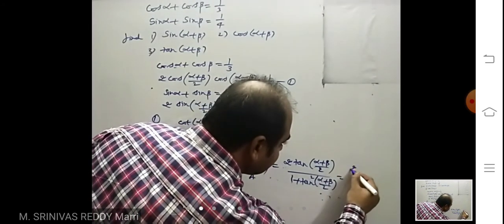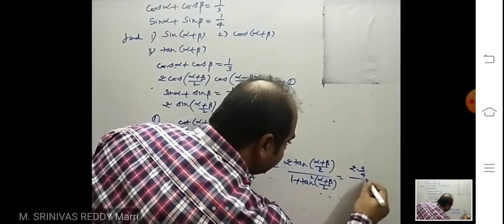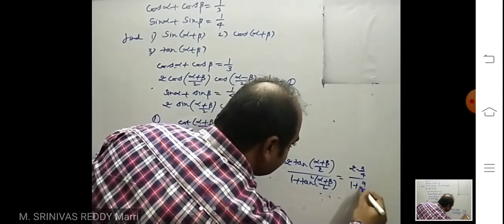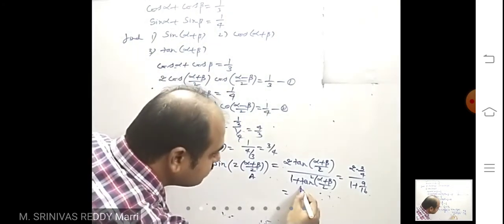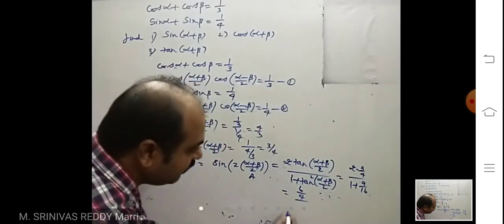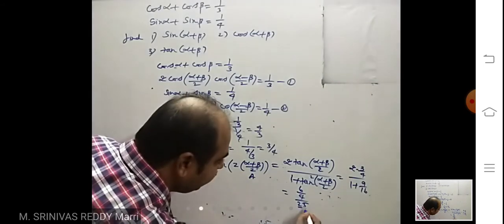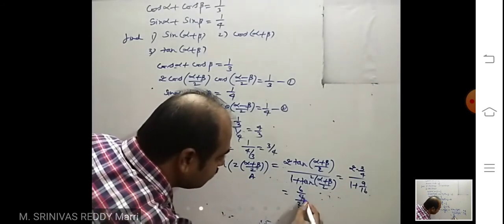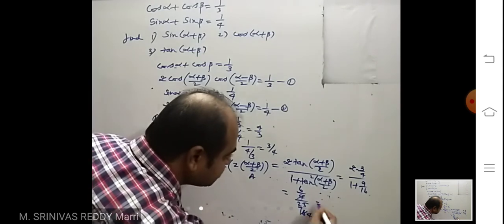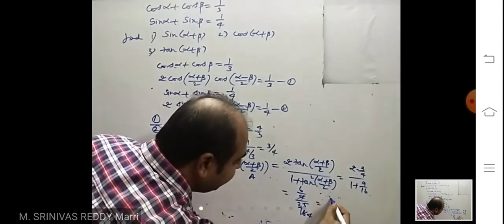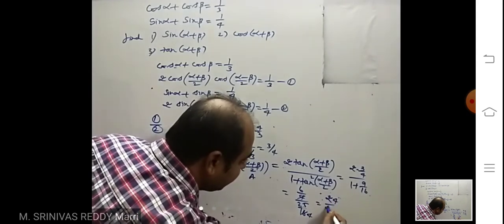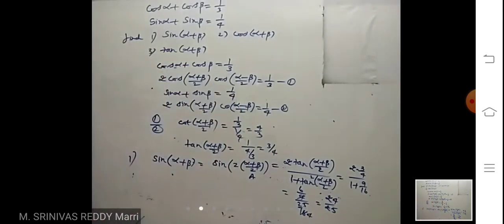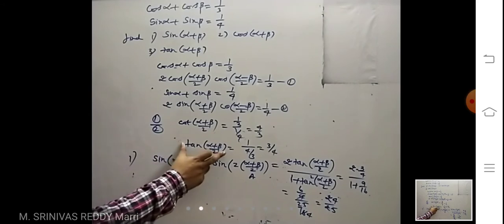So this is 2 into 3 by 4 divided by 1 plus 9 by 16, that means 6 by 4 divided by 25 by 16. That gives 24 divided by 25. That is the answer.